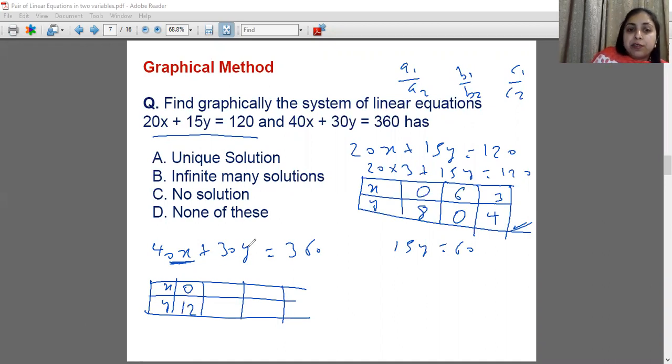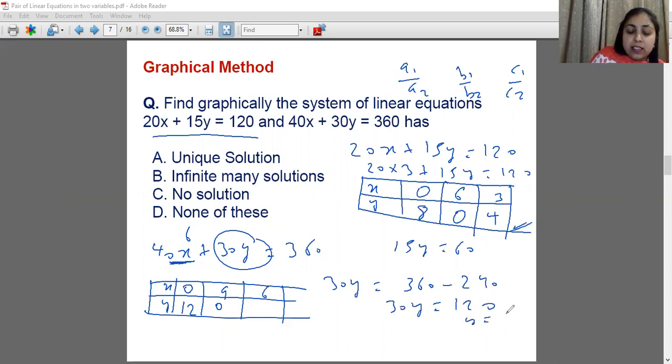If I put y as 0, then x is 9. Let us put some other point, like x is 6. Then 30y is 360 minus 240, that is 120, meaning y is 4. So we have points, right?